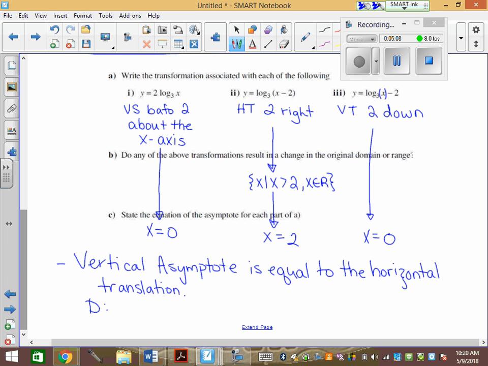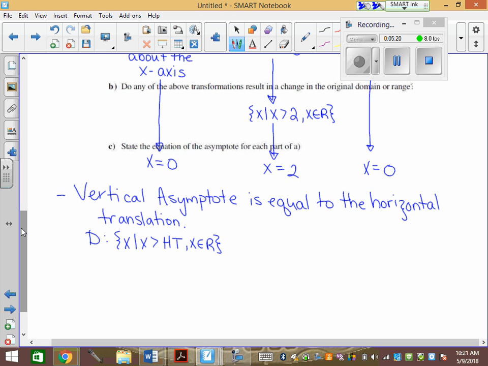And your domain is x such that x is greater than the horizontal translation, x an element of the reals, or the domain is going to be x such that x is less than the horizontal translation, x an element of the reals.